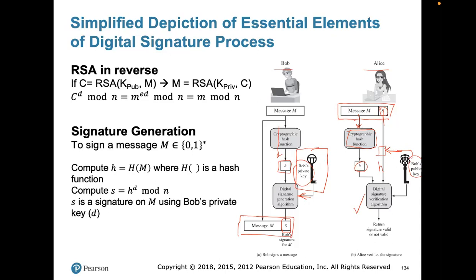Because if any of these bits has been tampered with by some attacker during the transmission, so you have a 0, for example, here, and the attacker changed it to 1, or you had a 1 and the attacker changed it to 0, in that case the hash will be something else, and the decrypted part of the hash will be something else, and then they don't match. So this is how digital signature works.